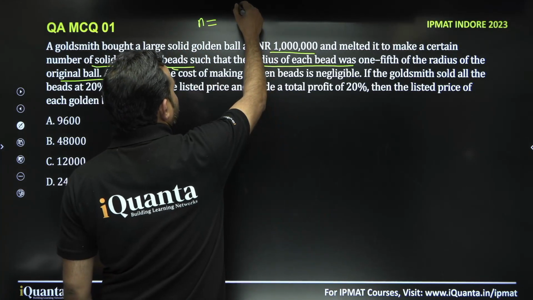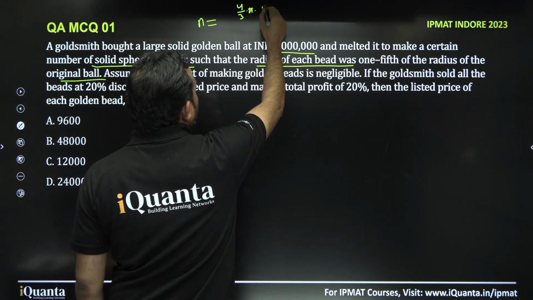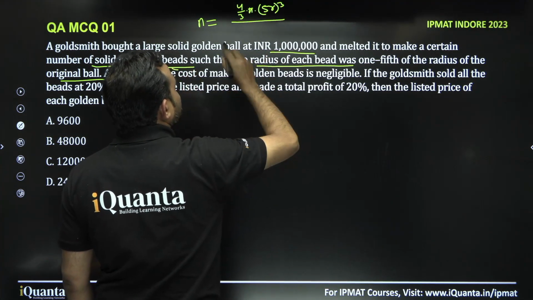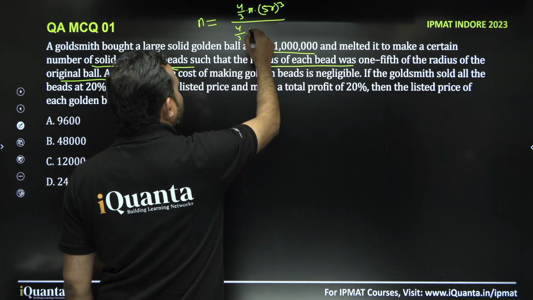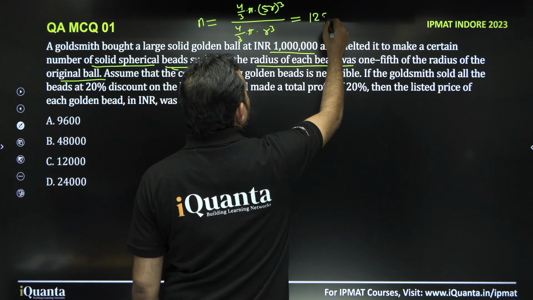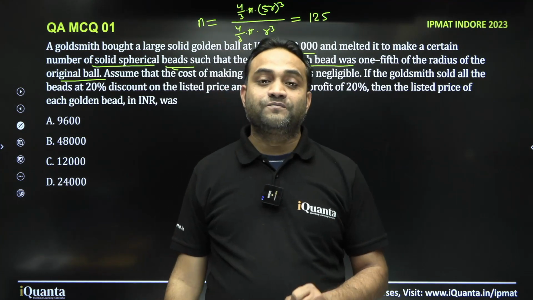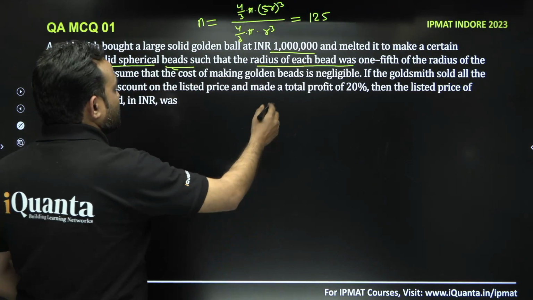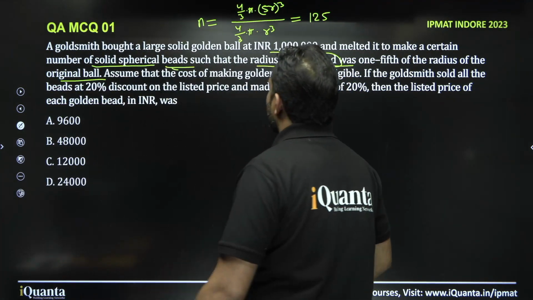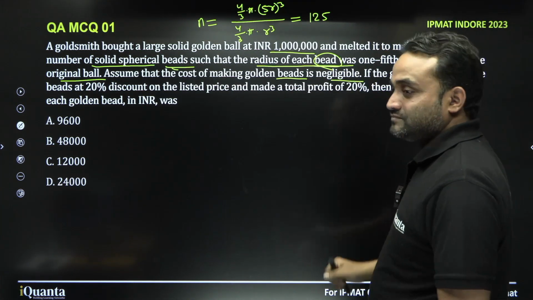That is 4/3 pi (5r) cube divided by 4/3 pi r cube. This gives us 125 beads.